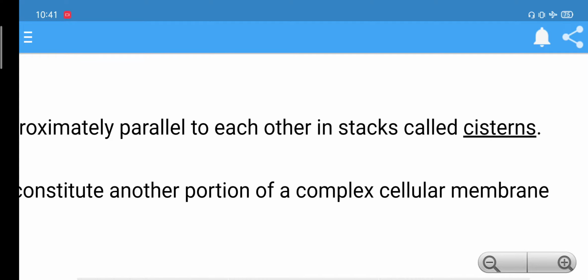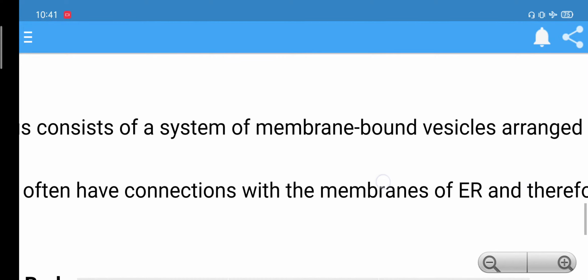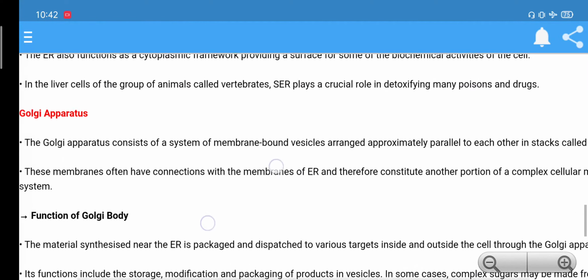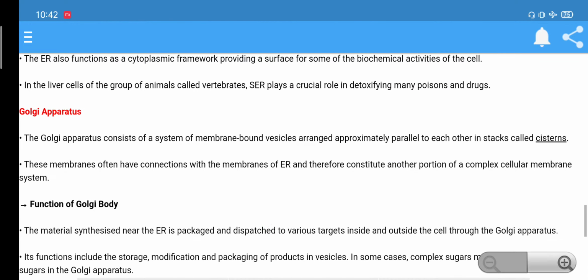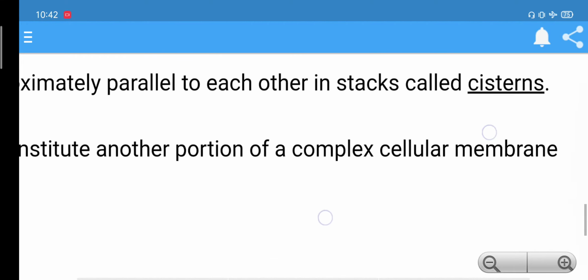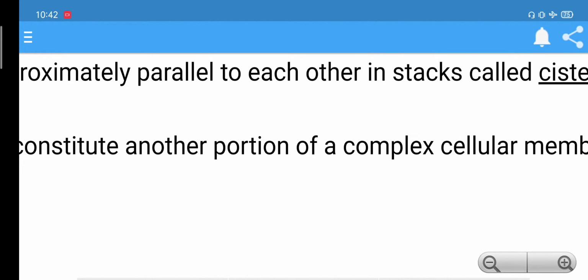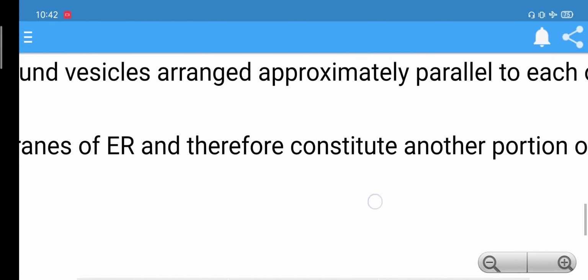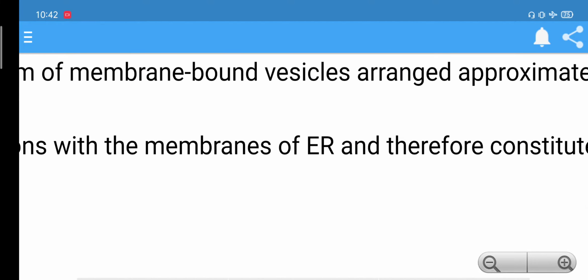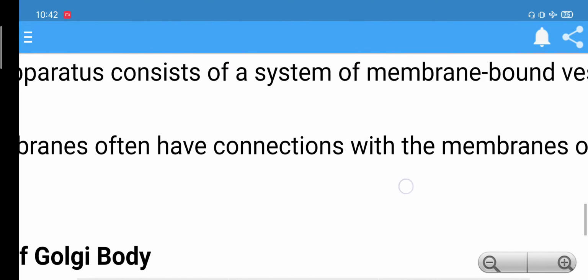These membranes often have connection with the endoplasmic reticulum, and together they constitute another portion of the complex cellular membrane system, along with lysosomes, which we will study next.